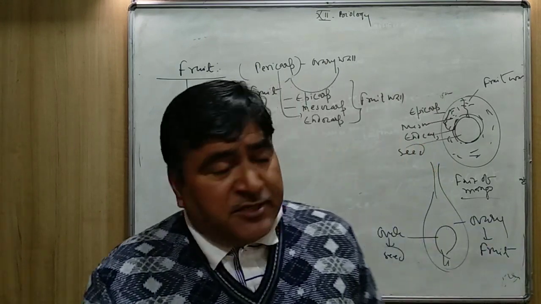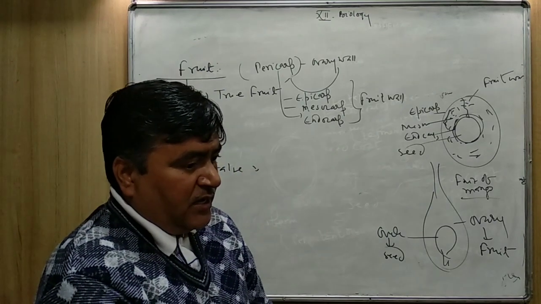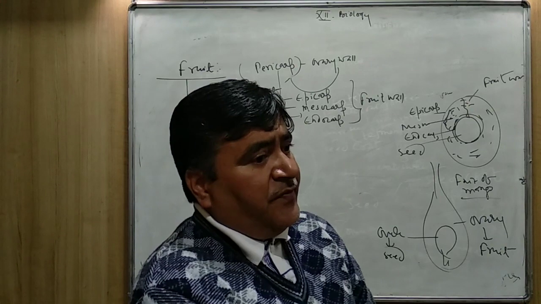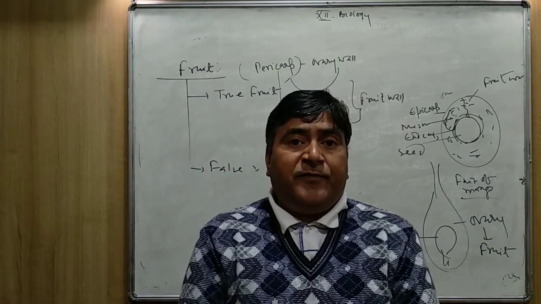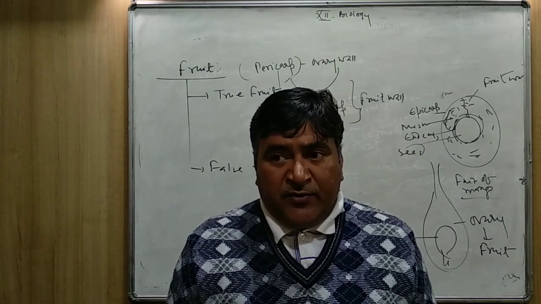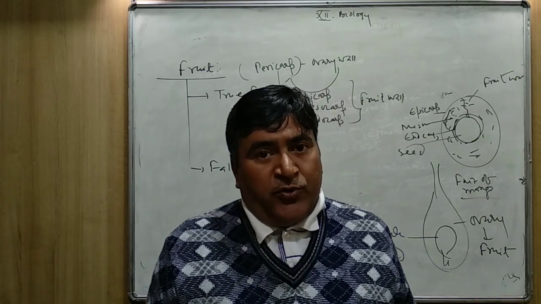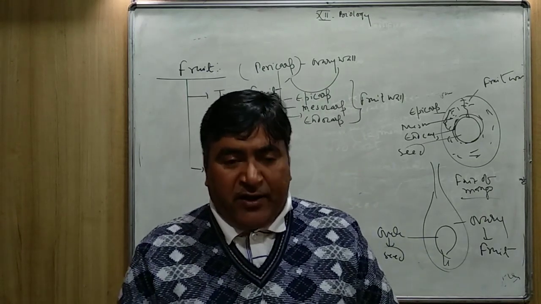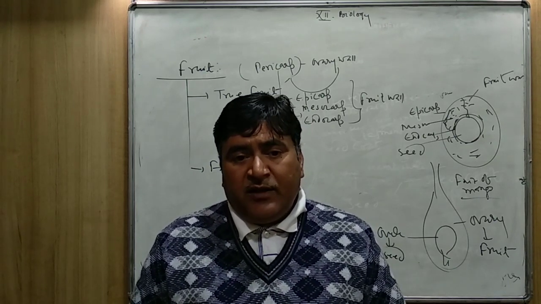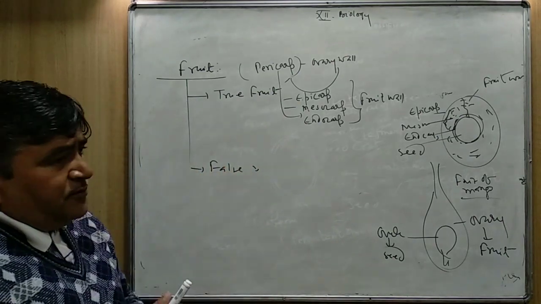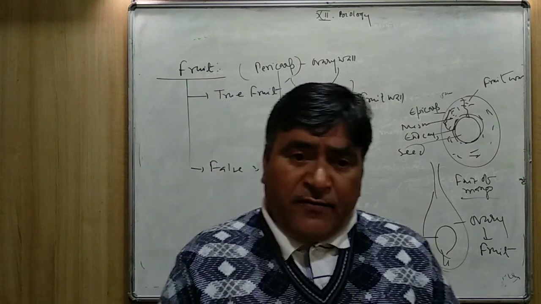The fruits are of two types: true fruits and false fruits. What are true fruits? The true fruits are always produced by the ovary. The fruit which is produced by the ovary only is called true fruit. Like in the case of the mango plant, the fruit is a true fruit. What about false fruit? In false fruit, the fruit is produced not only from the ovary.